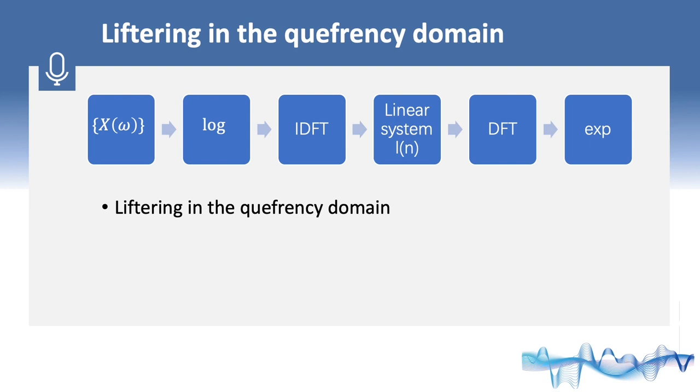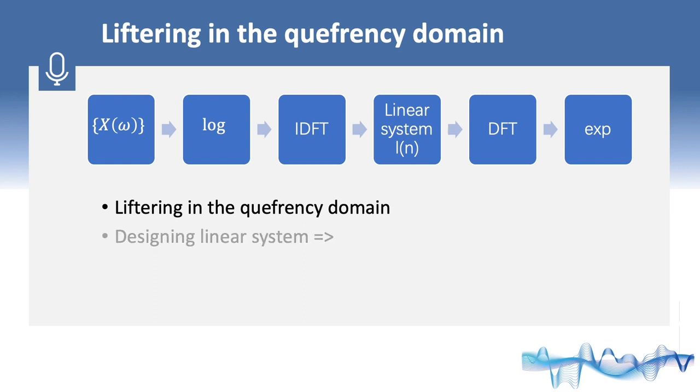The inverse Fourier transform of a sum is the sum of the individual inverse transforms. So the cascade of Fourier transform, complex logarithm, and inverse Fourier transform maps convolution into a sum of corresponding signals.